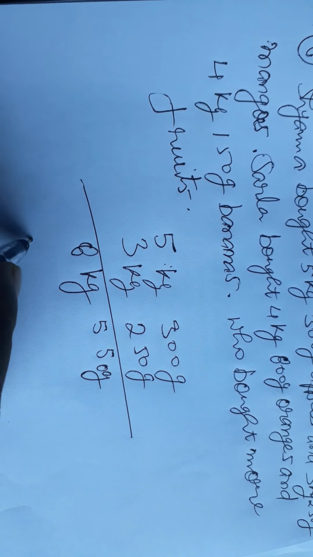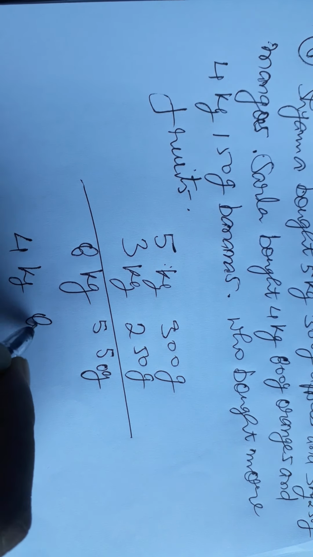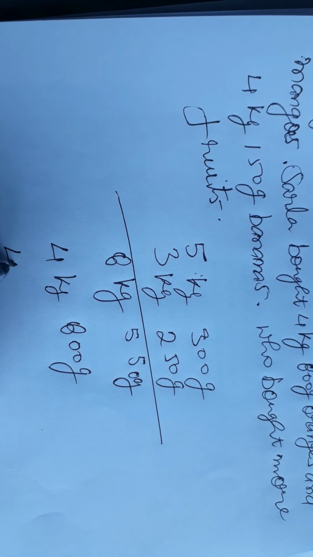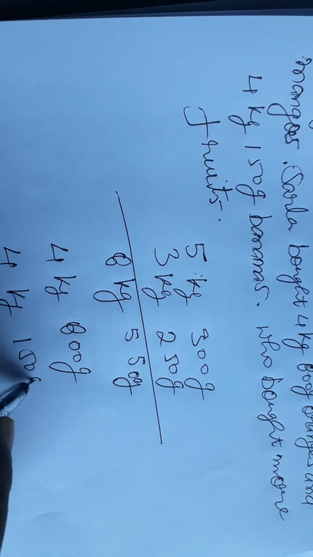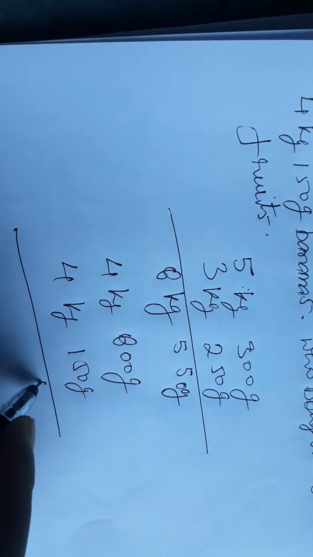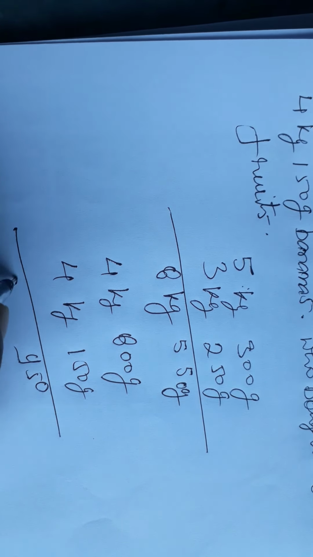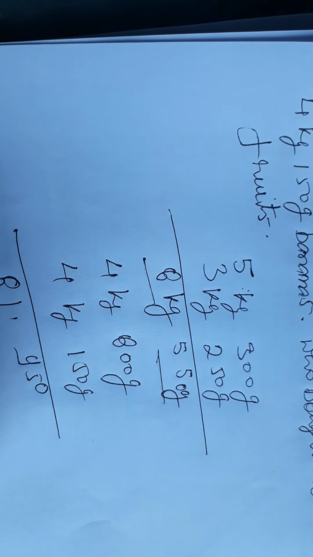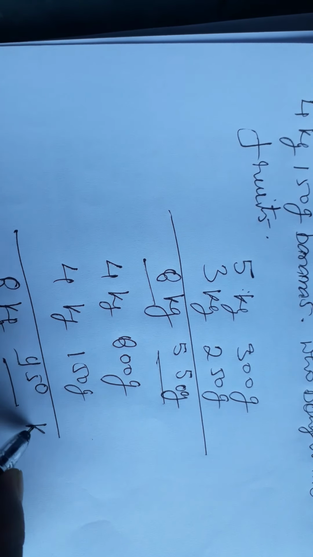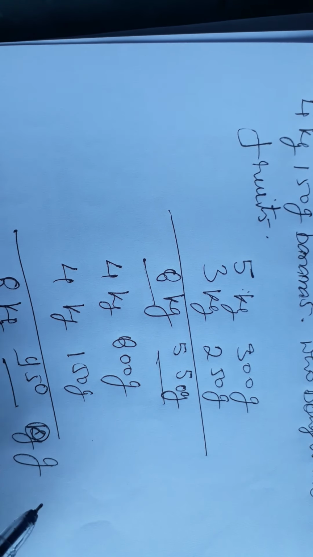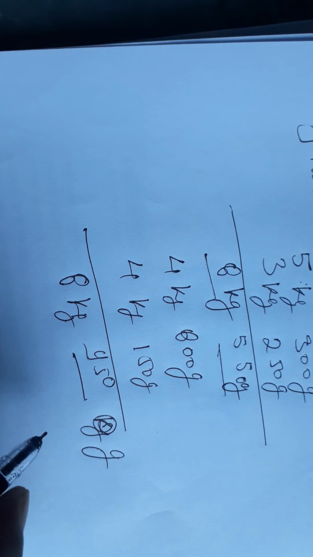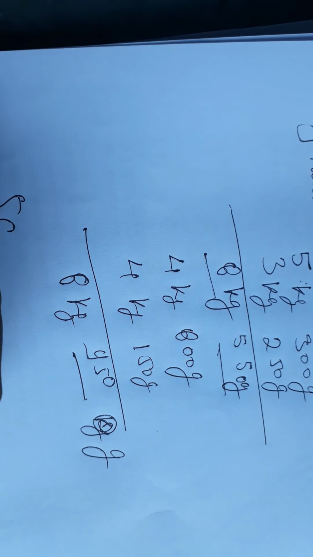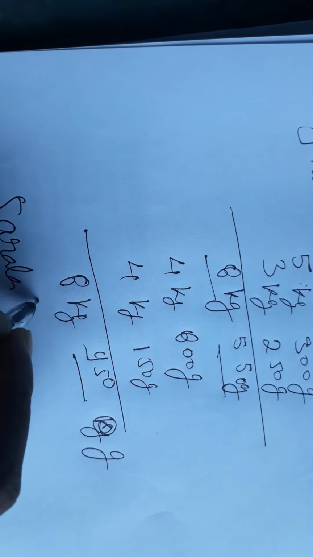Sarla bought 4 kg 800 grams added to 4 kg 150 grams. We will add: 0, 5, this is 9 and this is 8. This is 8 kg 950 grams. Hence the fruits bought by Sarla are greater. Sarla bought more.